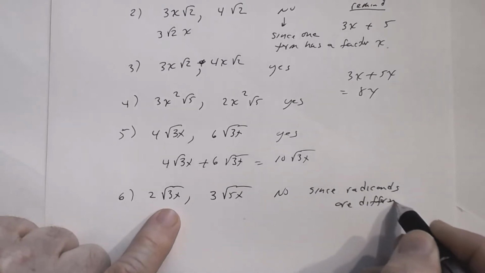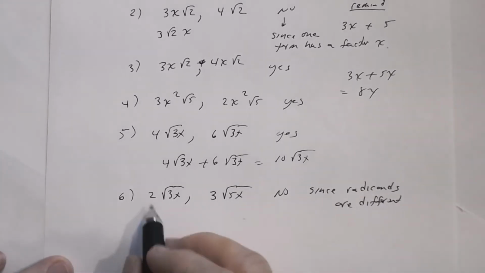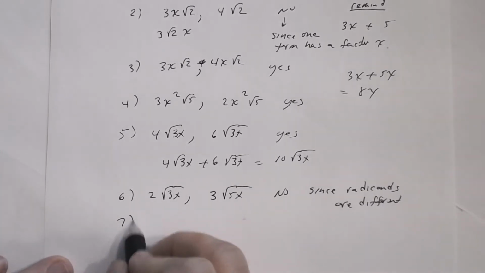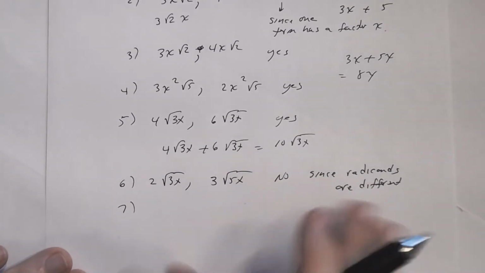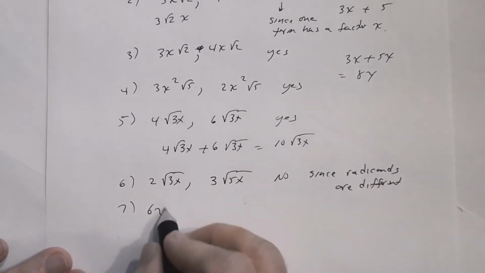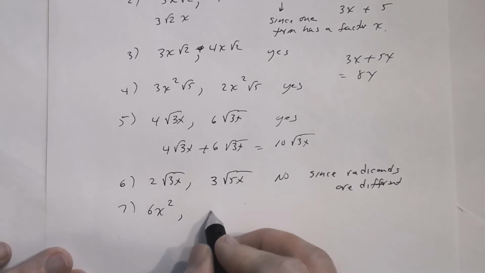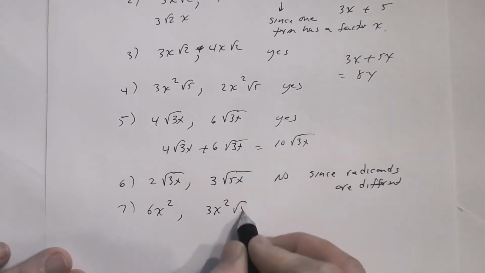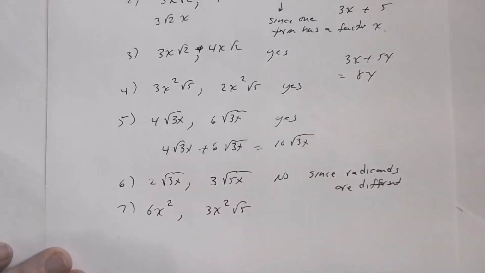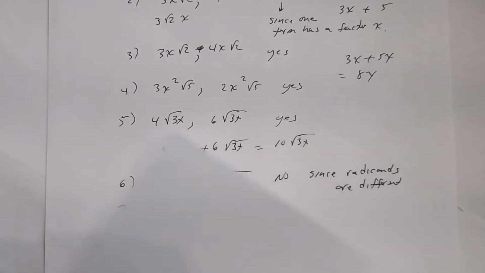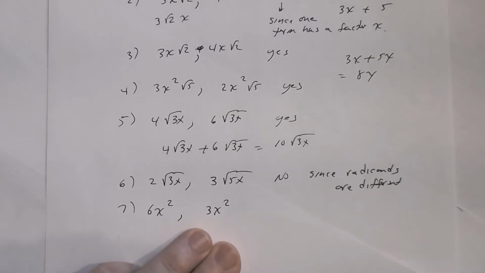All right. Okay, and then I think if we do one more, I think we should be okay. We can continue on with the topic. So if I have 6x squared, comma, 3x squared square root of 5, are those like terms? What do you think? No, right. They're not like terms because look, if you covered up the square root of 5 right here, would those be like terms now?